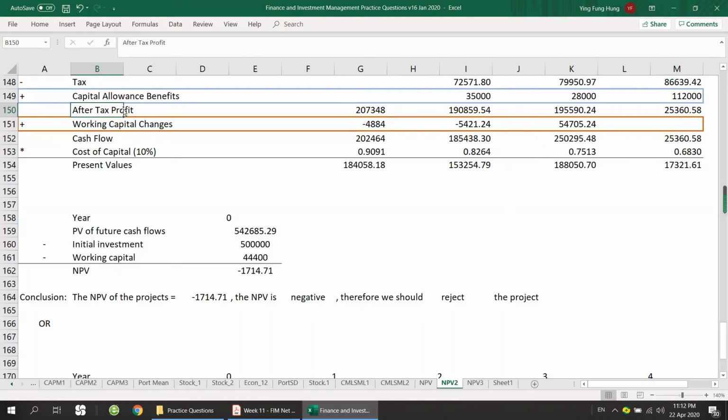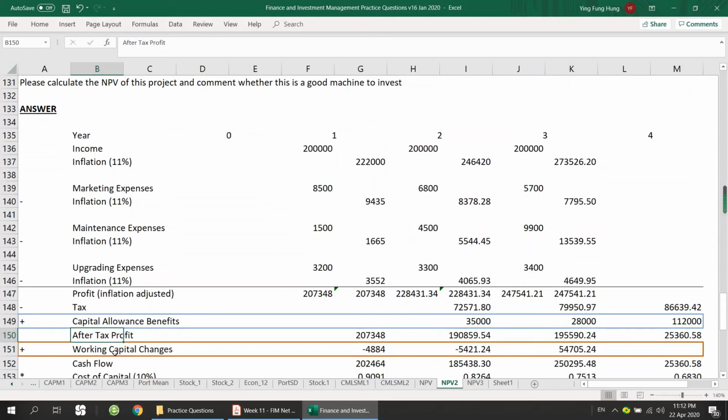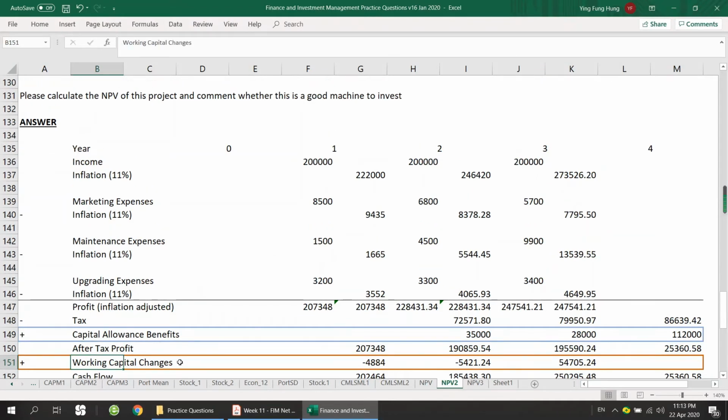After we calculate the after-tax profit, the next thing that we need to calculate is the working capital changes. An easier way to understand working capital is that it is the amount of cash that you have to invest to support the day-to-day operation.